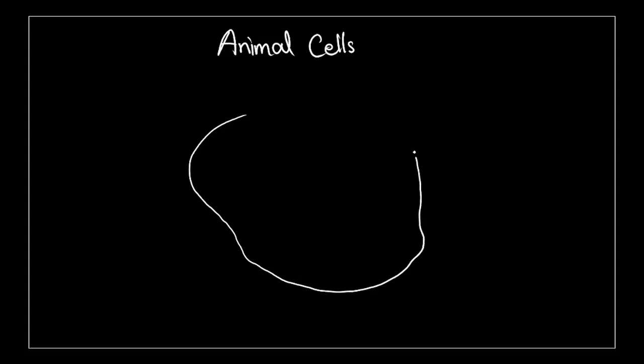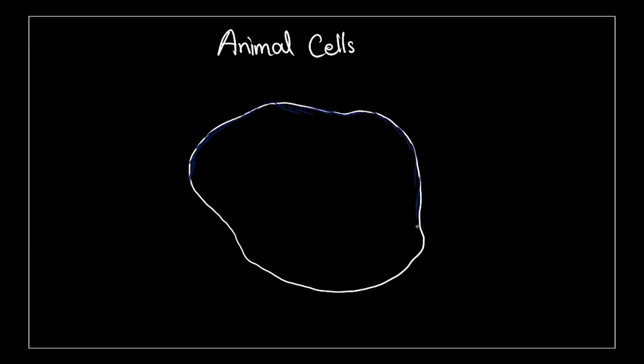So, let's talk about animal cells. A pretty basic representation of an animal cell is like this. You have the cell itself, and it is surrounded by this thin membrane, which is like a skin around the cell.